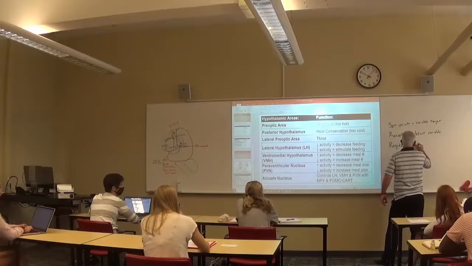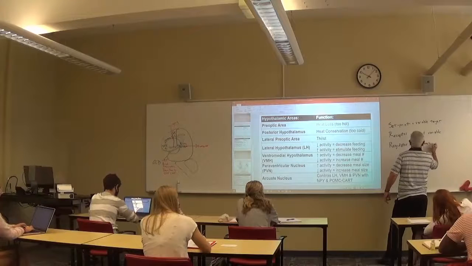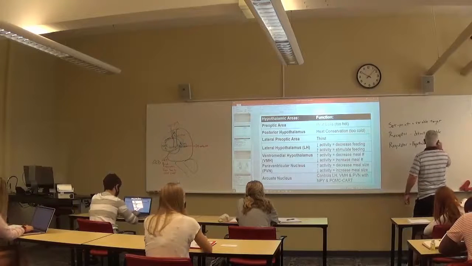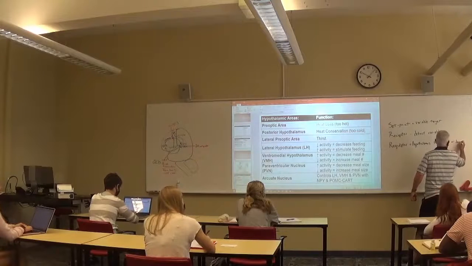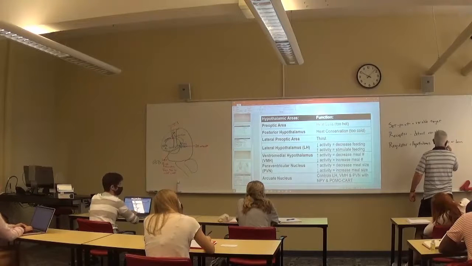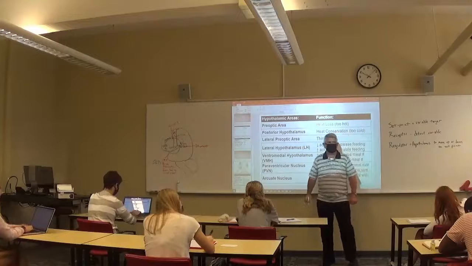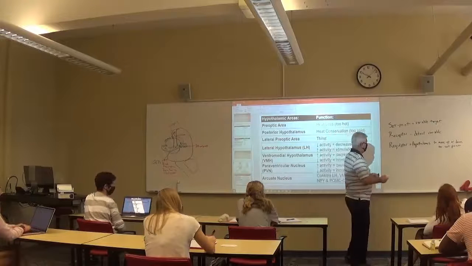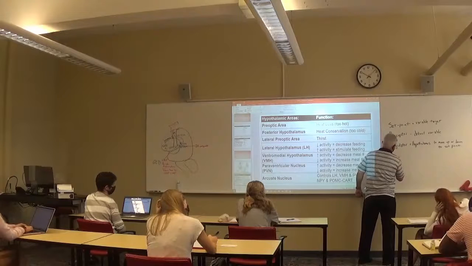This is going to be an area of the hypothalamus. We need to have a regulator that can move it up or down to get back to that set point. And so that regulator then is going to have a response.